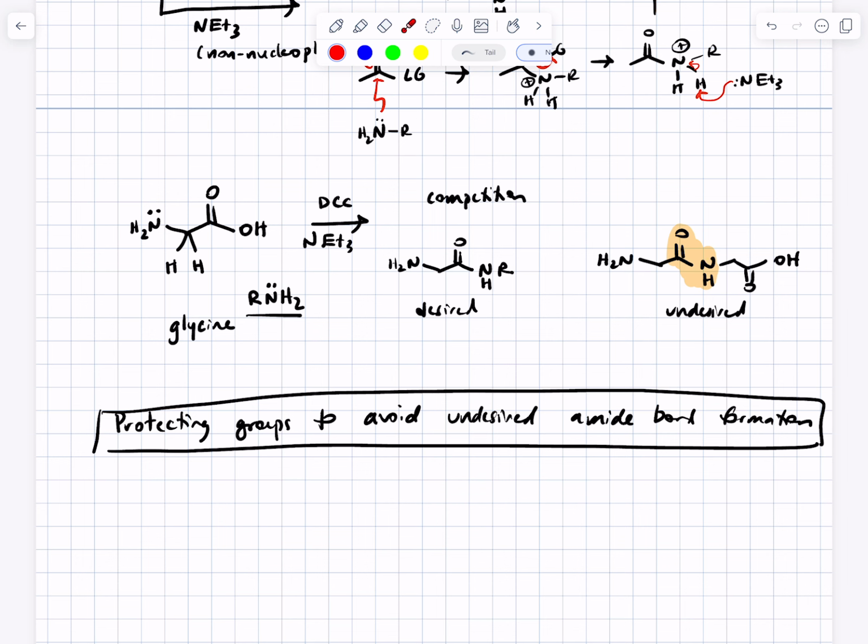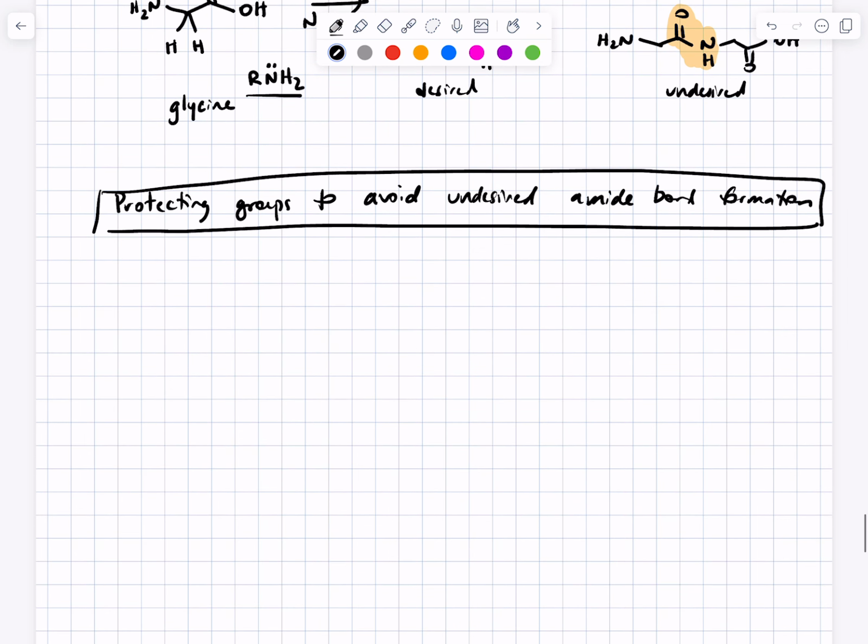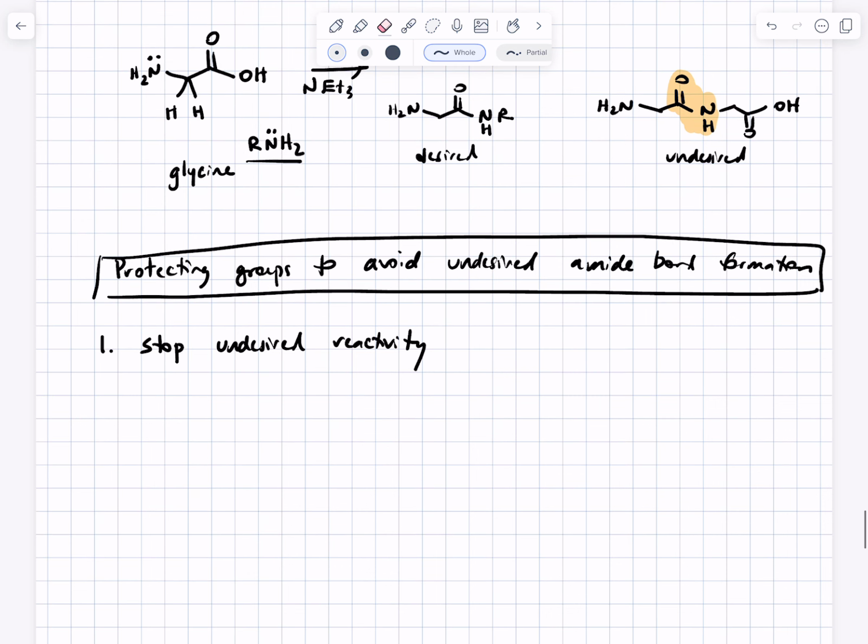Now remember, the classic things that define a protecting group: it has to shut down the undesired reactivity. In other words, here the protecting group has to stop the amino group from the amino acid from being a nucleophile. Second, it has to go on easy.